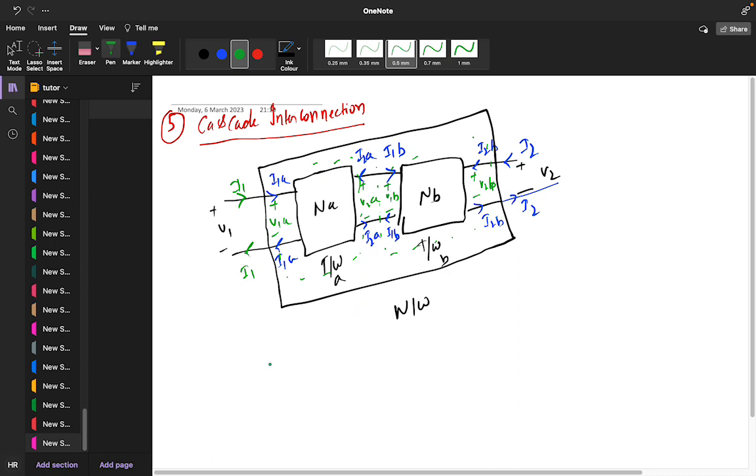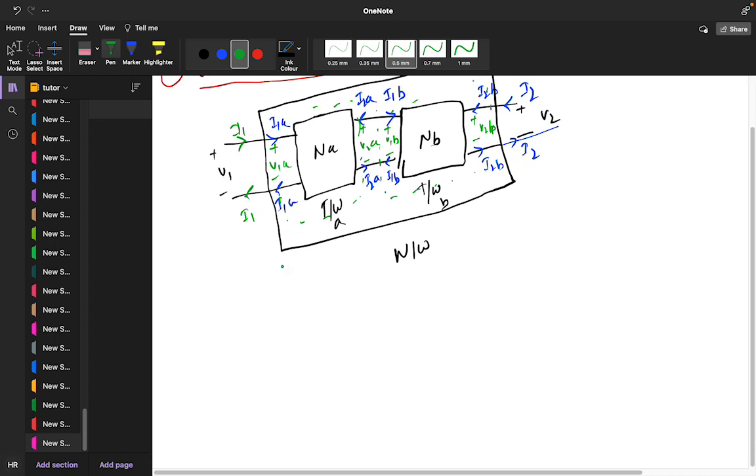Suppose from the equations, V1 is parallel to V1A, right? So V1 is equal to what? V1 is equal to V1A, correct?